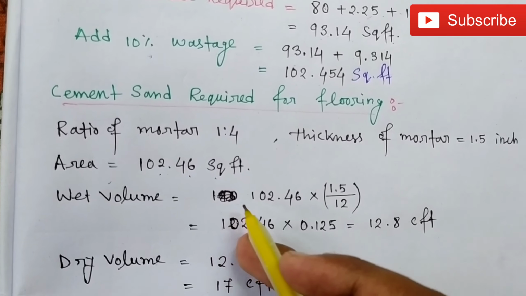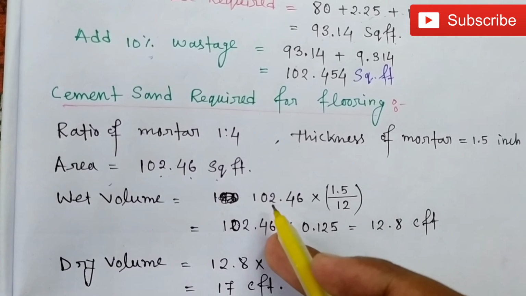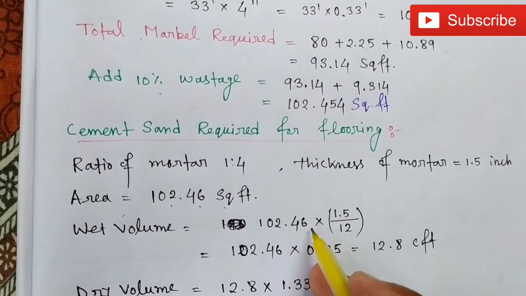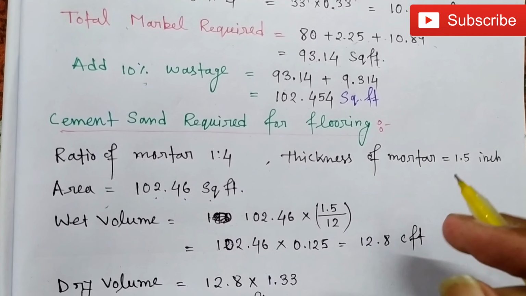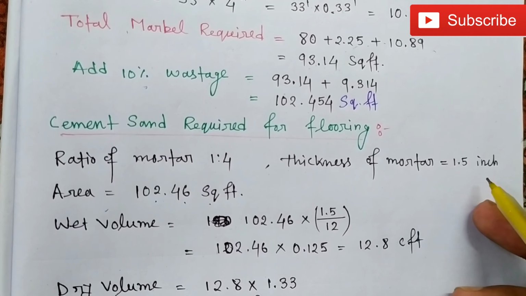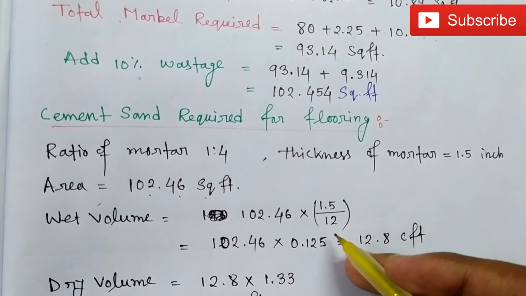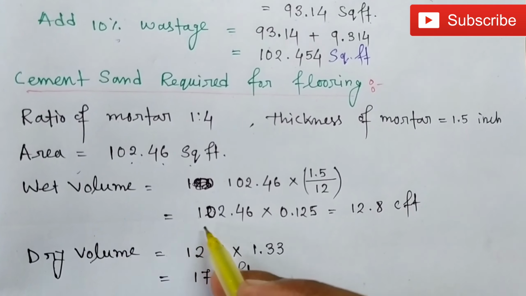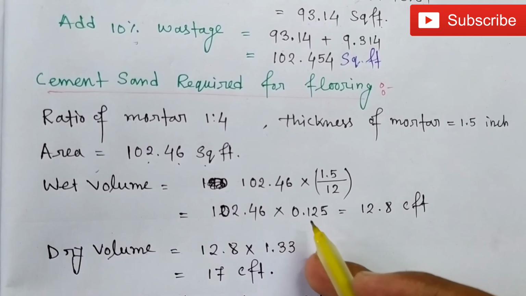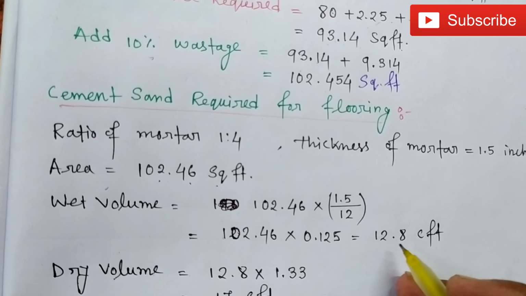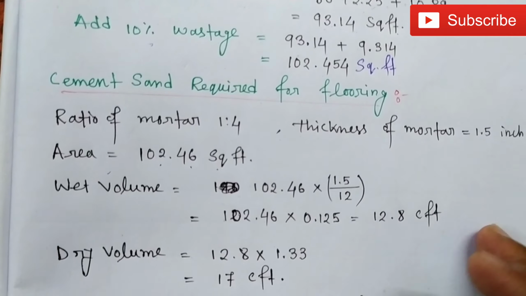For wet volume we multiply the total marble area into thickness of mortar 1.5 inch. Here we convert 1.5 inch into feet. So 102.46 into 0.125 feet. So here total wet volume is 12.8 cubic feet.